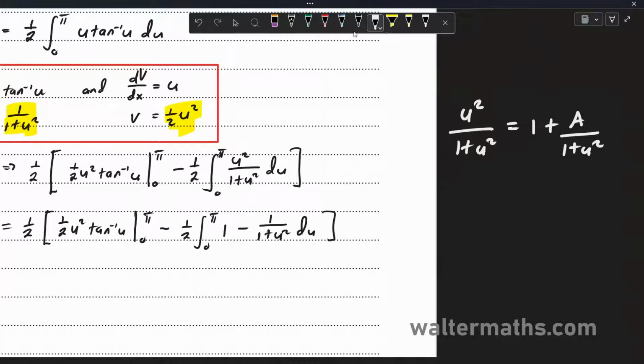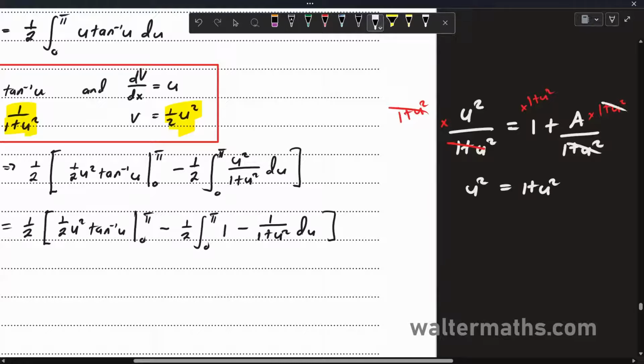Okay. All right. So I multiplied both sides, all the terms, by 1 plus u squared, and they cancel here. We're left with u squared equals 1 plus u squared, and here they cancel, so it's plus a. I'll say let u be equal to 0.